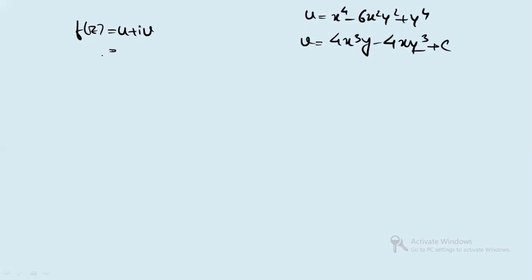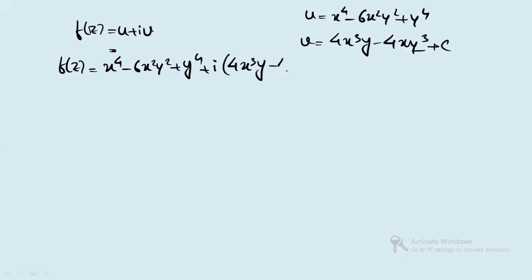So when you will write here, f(z) will be equals to x to the power 4 minus 6x square y square plus y to the power 4, again plus i times 4x cube y minus 4xy cube plus c. All right, this is f(z). Clear? And you can further write it as, you know, (x plus y) whole to the power 4.